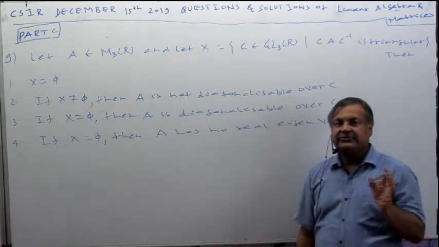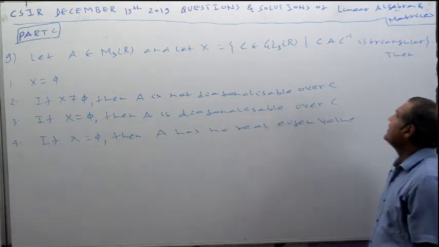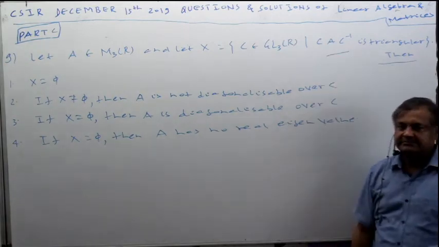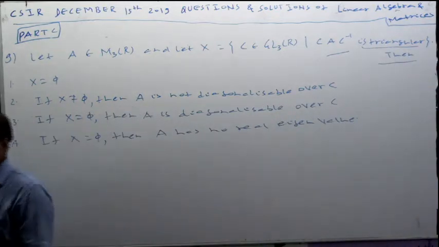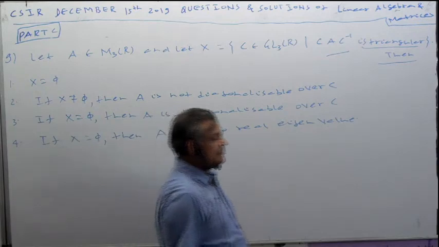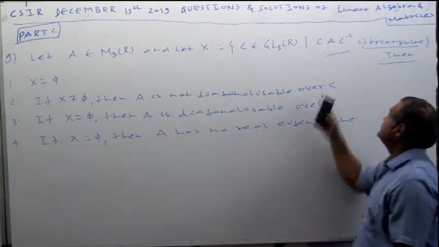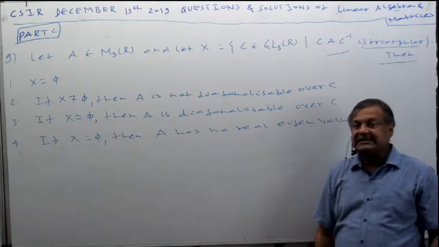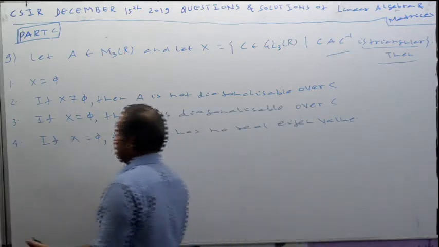That means C is a non-singular matrix of order 3 over field R, and CAC inverse is triangular. That means A is a triangularizable matrix. And if A is triangularizable, then what happens? CAC inverse will give its diagonal entries as its eigenvalues. So the concept should be clear first. Then only the solution will become easy.